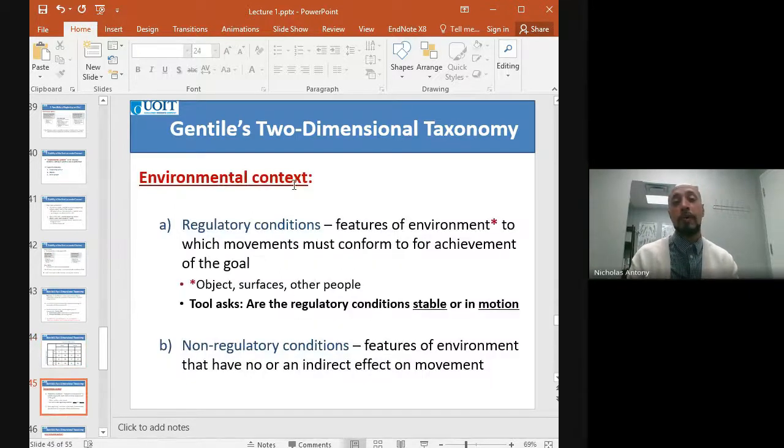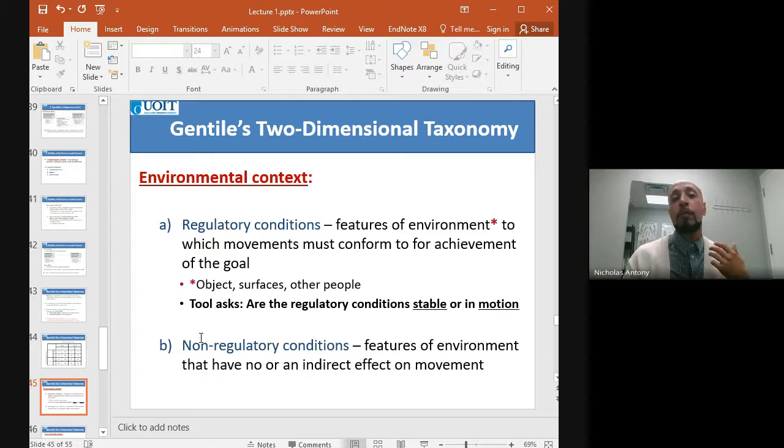So first we're going to talk about the environmental context. Remember I said that when we're looking at the environment, or things that conform our motion or the movements that we use to achieve the motor skill, we're looking at the people, objects, and the supporting surface. That's called the regulatory conditions, things that we have to alter our movement to achieve the motor skill. Non-regulatory conditions are things in the environment that don't have a direct effect on movement.